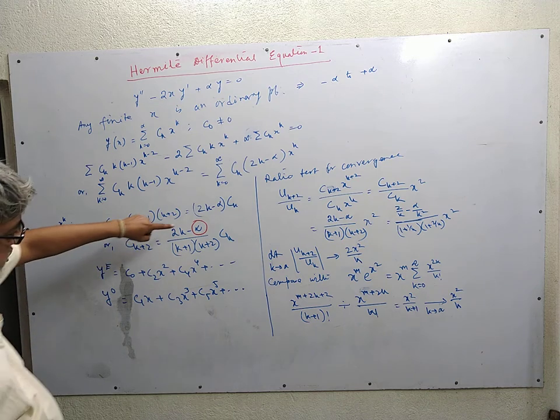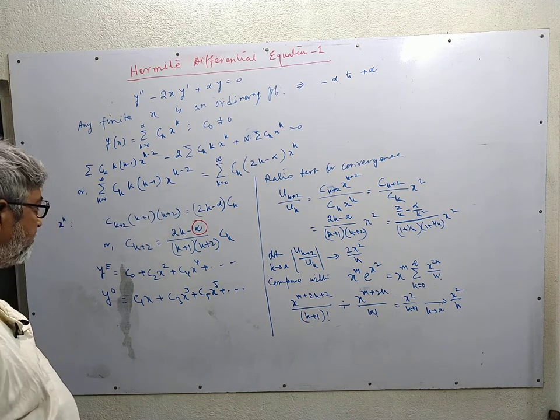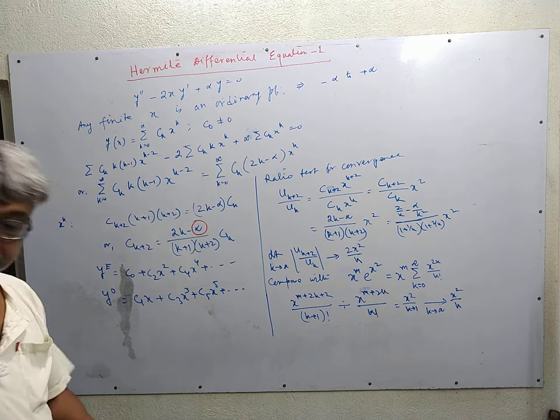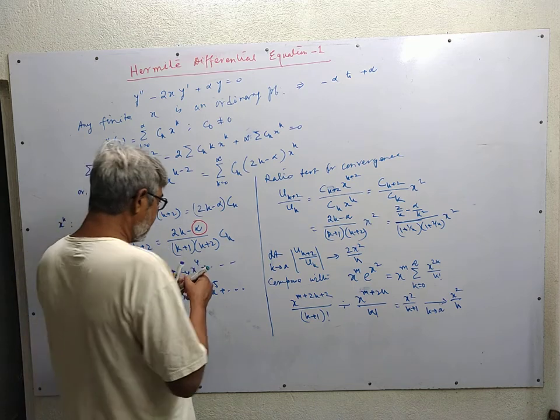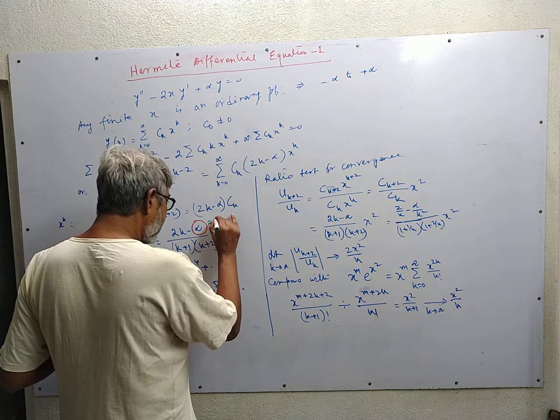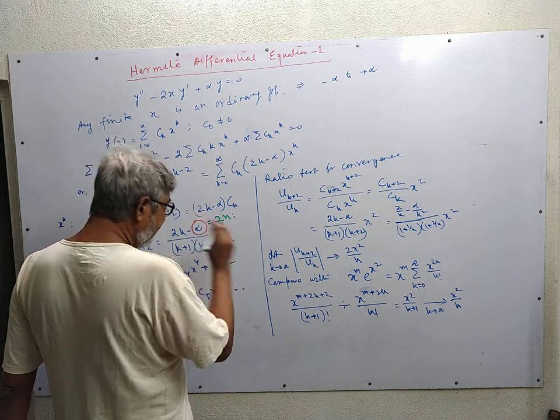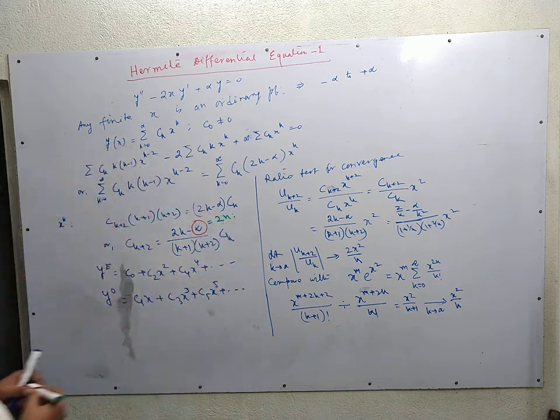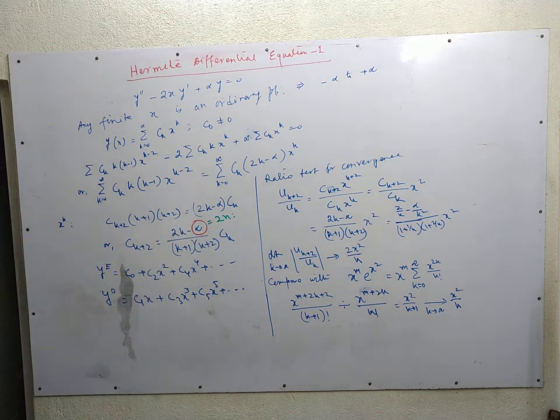But if we choose some special values of alpha, say alpha is equal to 2n, where n is a non-negative integer, then we found that for even values of n, the even series becomes a polynomial, and for odd values of n, the odd series will become a polynomial.